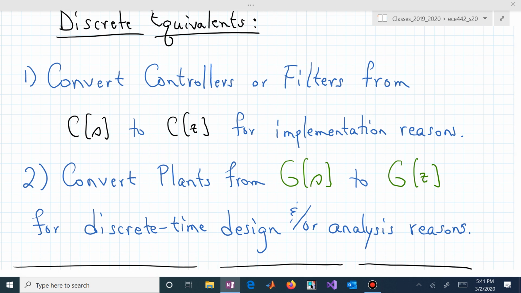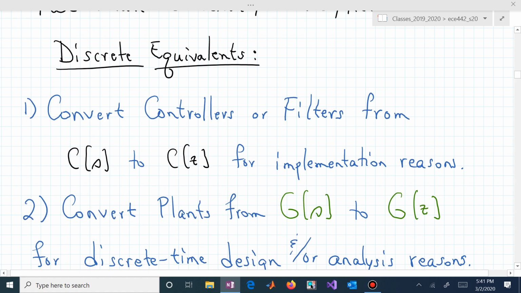We can convert controllers or filters from a C of S to a C of Z, meaning now we want to pull out that all analog controller that might have been a bunch of op amps, resistors, capacitors. We want to extract that from our control system and then put in a microprocessor or a microcontroller or a computer. We want to convert from C of S to C of Z.